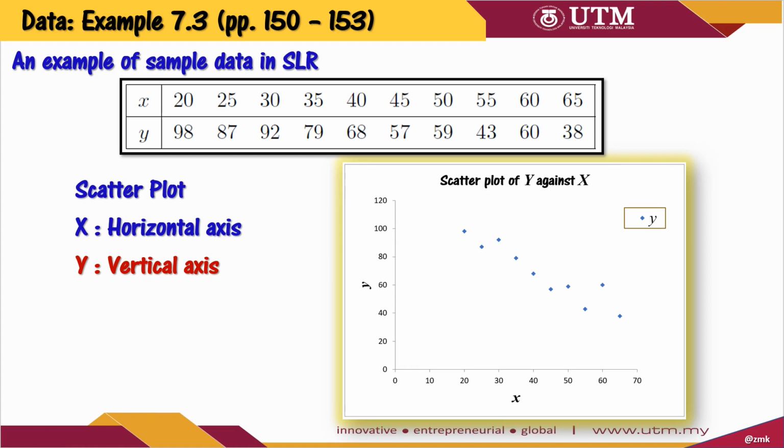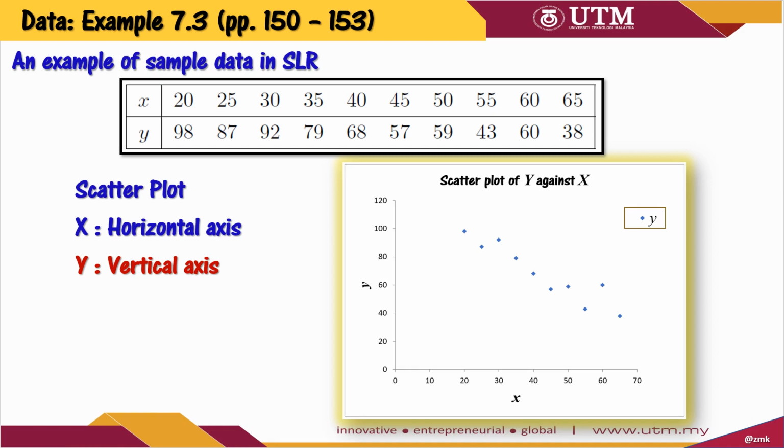From the scatter plot, you can observe that there seems to be a negative linear or straight line relationship between y and x for this example, since the larger the x value is, the smaller the y value tends to be.